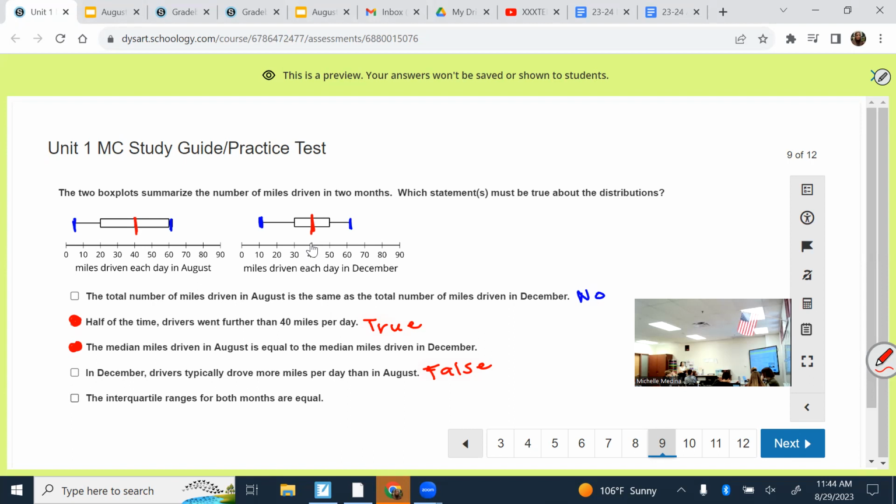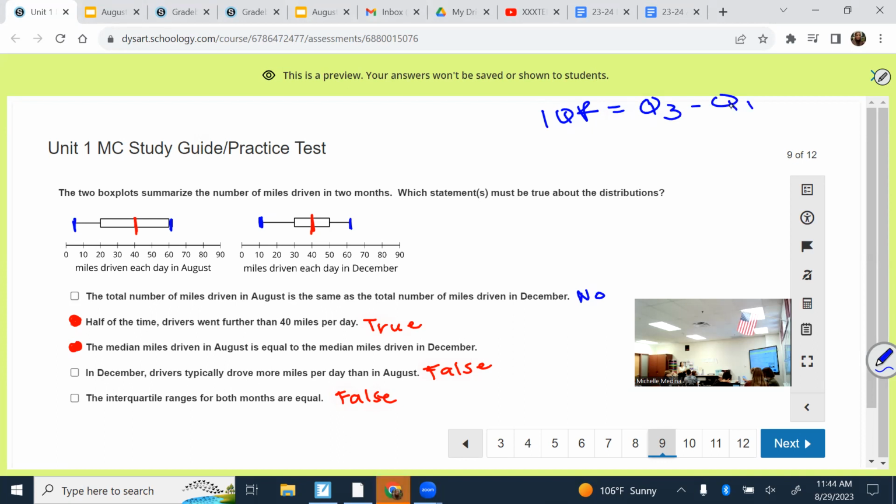And then, the IQRs, the interquartile ranges for both months are equal. True or false? Definitely false, because you don't even have to do the math for it. You could. What's the formula for IQR? Okay, good.